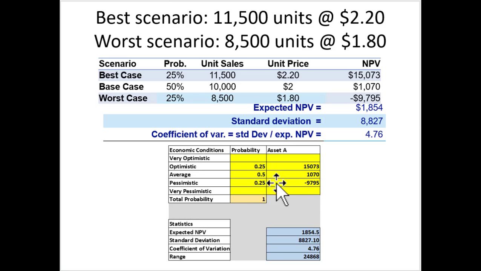You put in probabilities and the expected net present values, and of course then we get the statistics. So in this case, on average, you're probably going to get a net present value of $1,854 here, right? Standard deviation is 8,827, has a coefficient of variation of 4.76, etc.